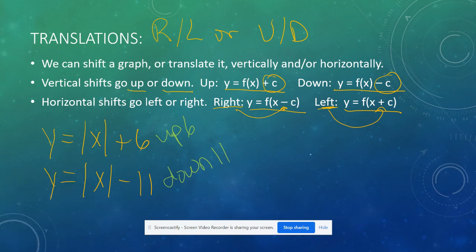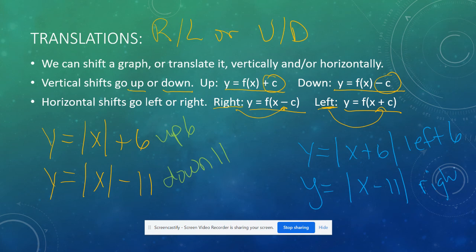So if I wrote some examples, again using absolute value, then this would be left 6 and right 11.